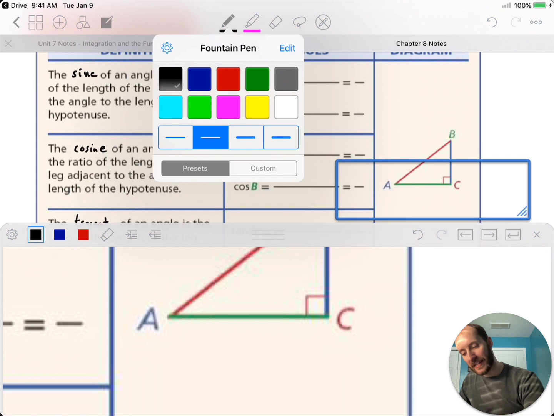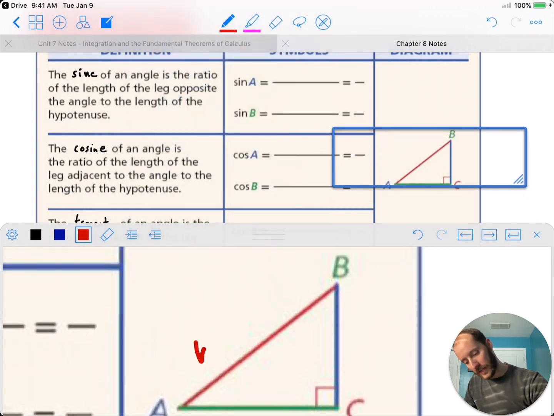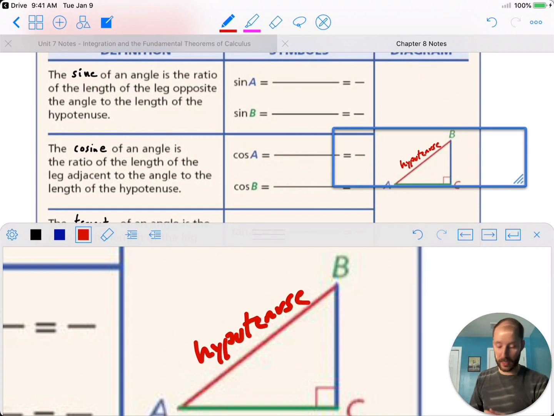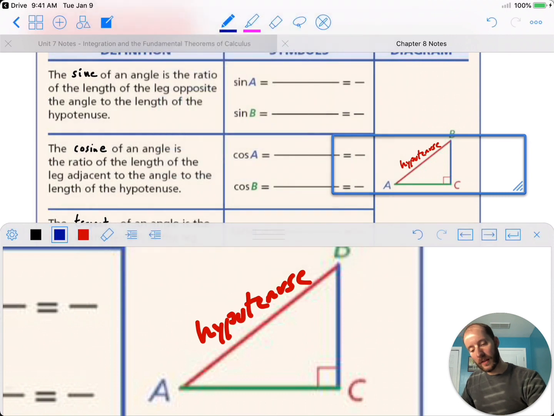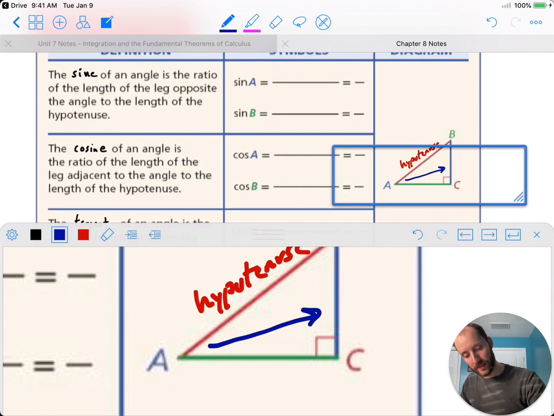So the side that is the longest, of course, is always the hypotenuse. And that's something you already know. Now angle A, when you go to the other side of the triangle, clear across the triangle, that side BC is the opposite side.